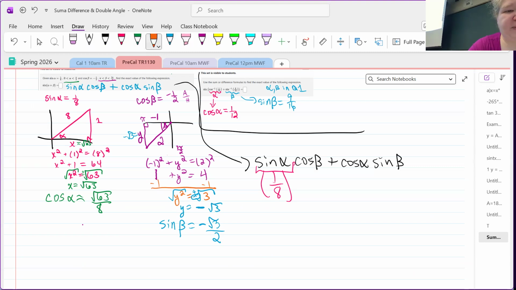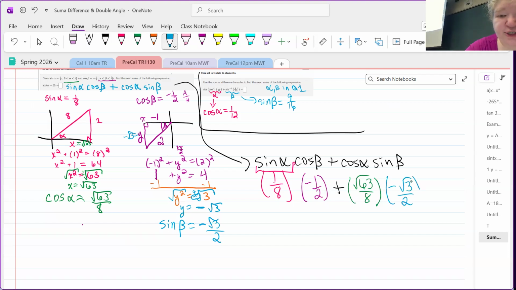Now our cosine beta, that was the other thing they gave us, that is -1/2, plus. Now our cosine alpha is the square root of 63 over 8. And the sine of beta was negative square root of 3 over 2.